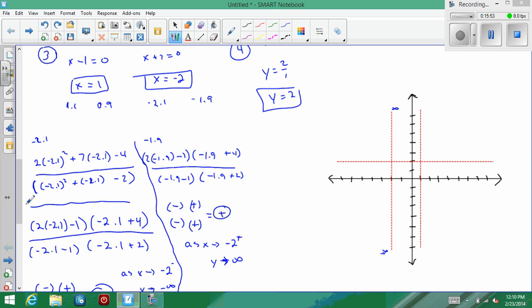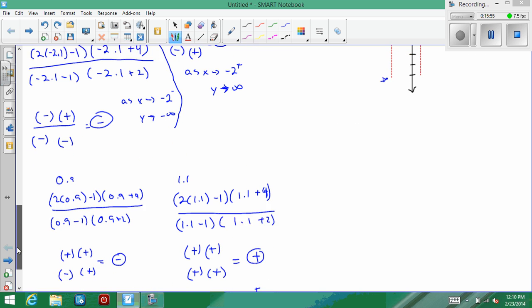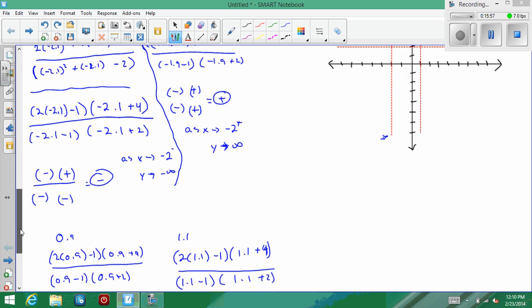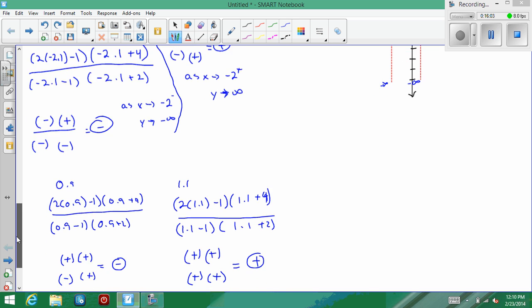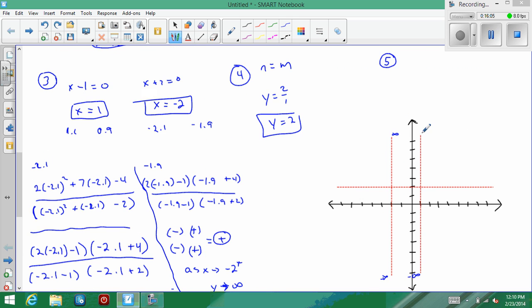At 0.9, let's go down and check that. At 0.9 now is negative, so down here at -infinity. And then at 1.1, I was positive, so I'm going to put that up there. So I know now that as I'm approaching the asymptote from the left, I'm going to be going down.